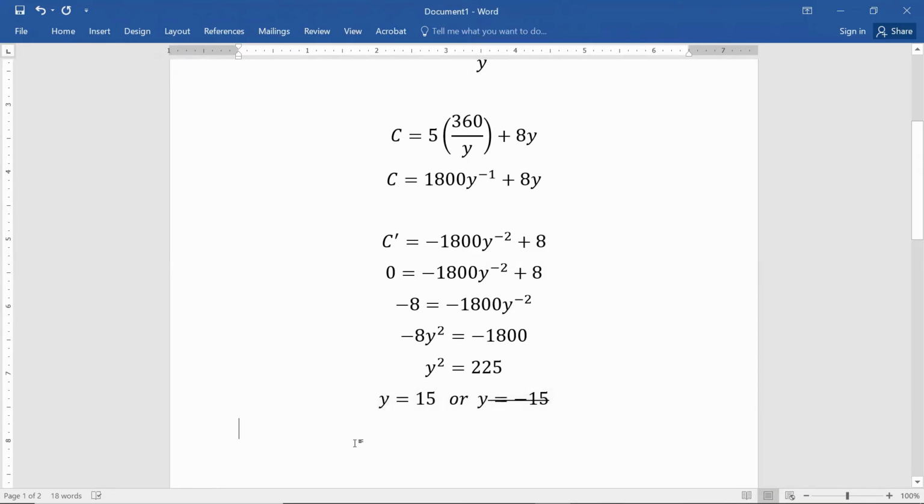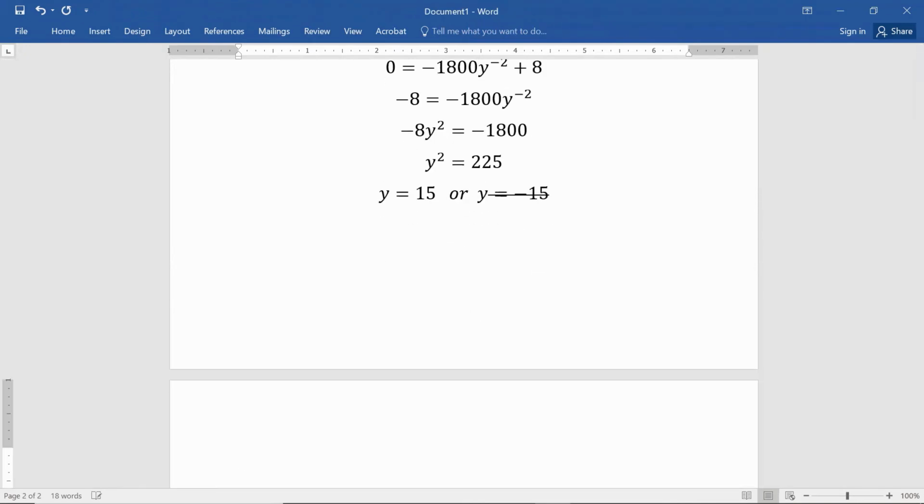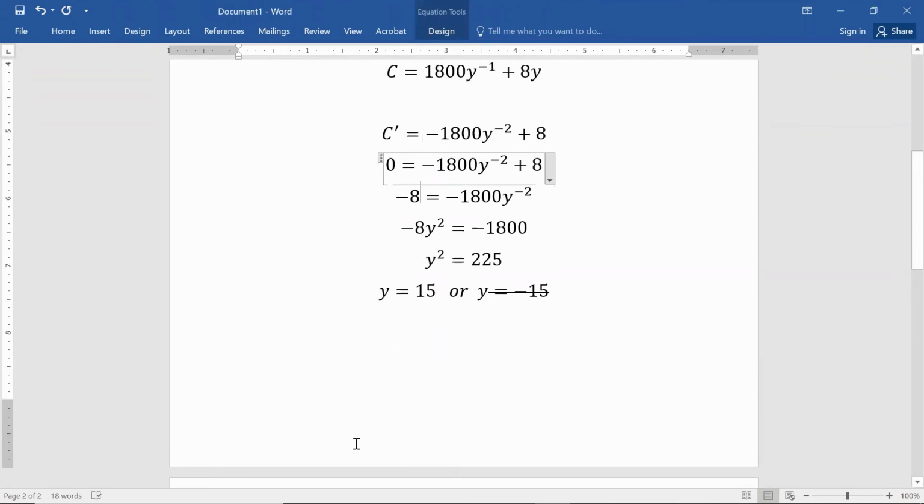Just so that we're aware that this gives me a minimum, we can check by taking the second derivative. The second derivative would have been 3600 y to the negative 3.